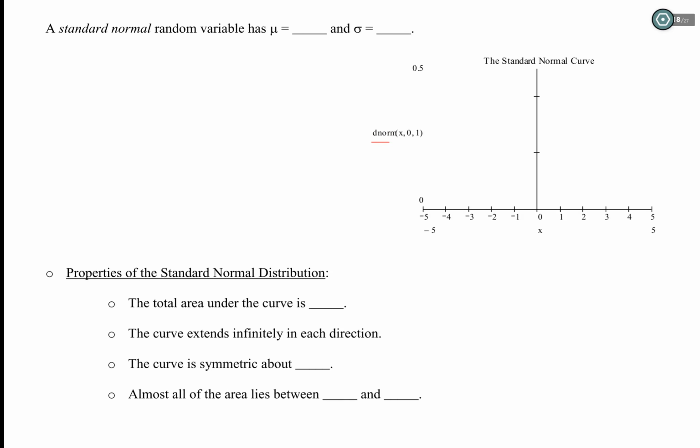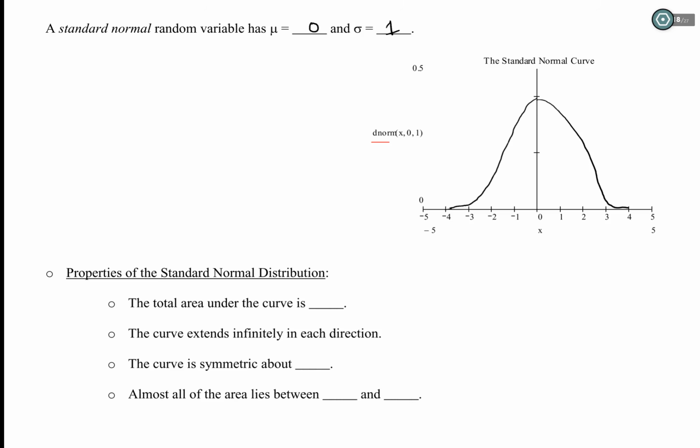The standard normal distribution is one that has a particular mean of 0 and a standard deviation of 1. And so over here on the right side, I'm going to draw the plot of it. It's going to come down, almost touch the axis just beyond -3, and also similarly beyond +3. It's bell-shaped there.